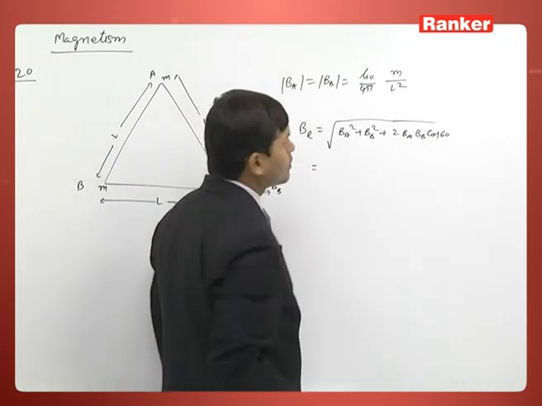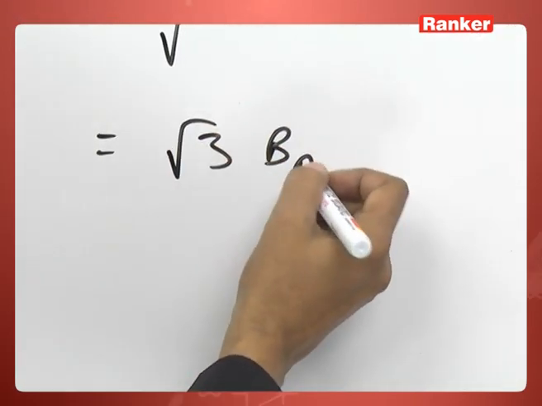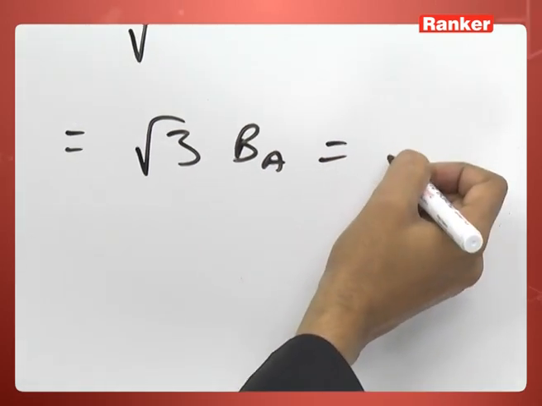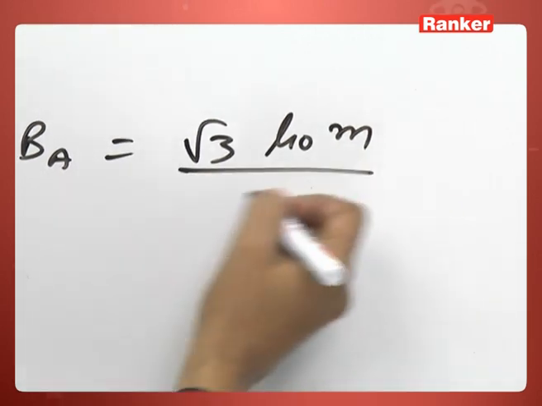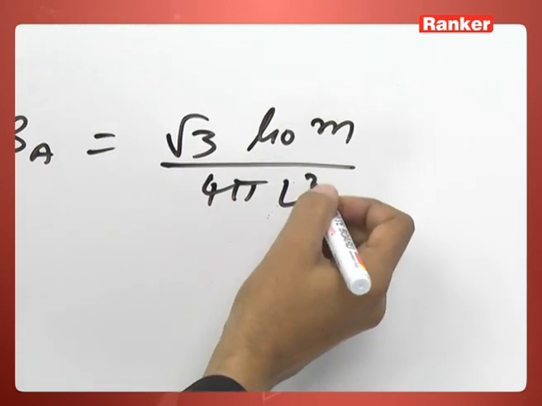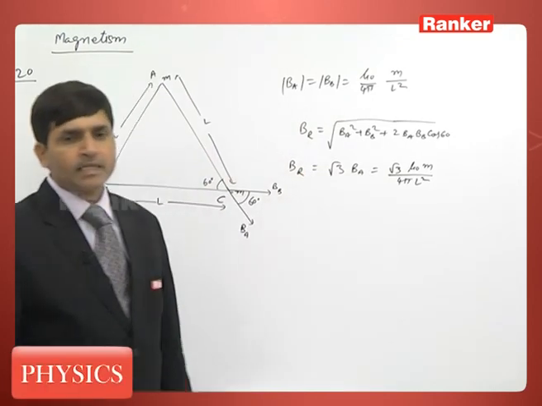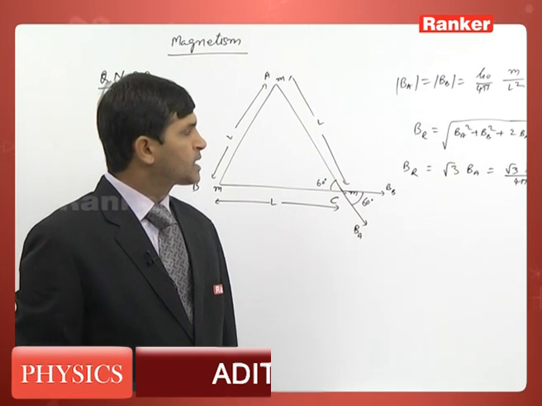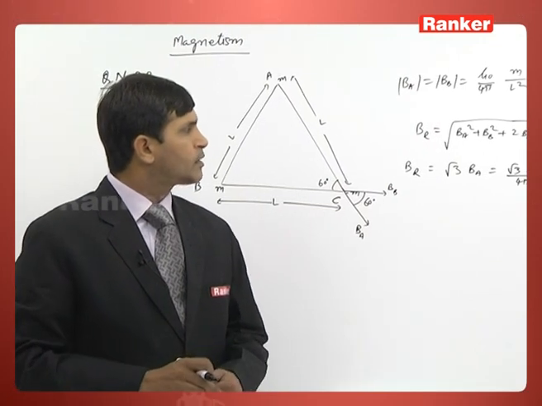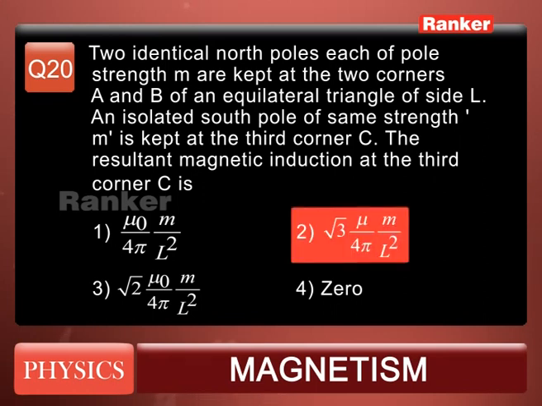Cos 60 is 1 by 2, so this becomes root 3 BA, which is root 3 times mu naught m by 4 pi L square. This is the answer for the resultant magnetic field at point C. So root 3 mu naught m by 4 pi L square. So option 2 is the correct option.